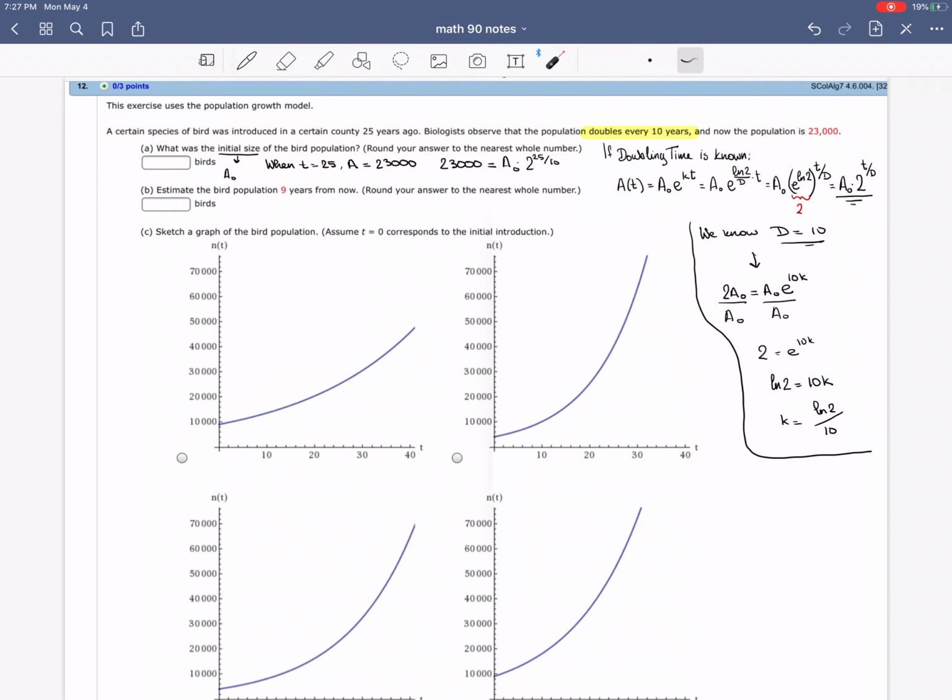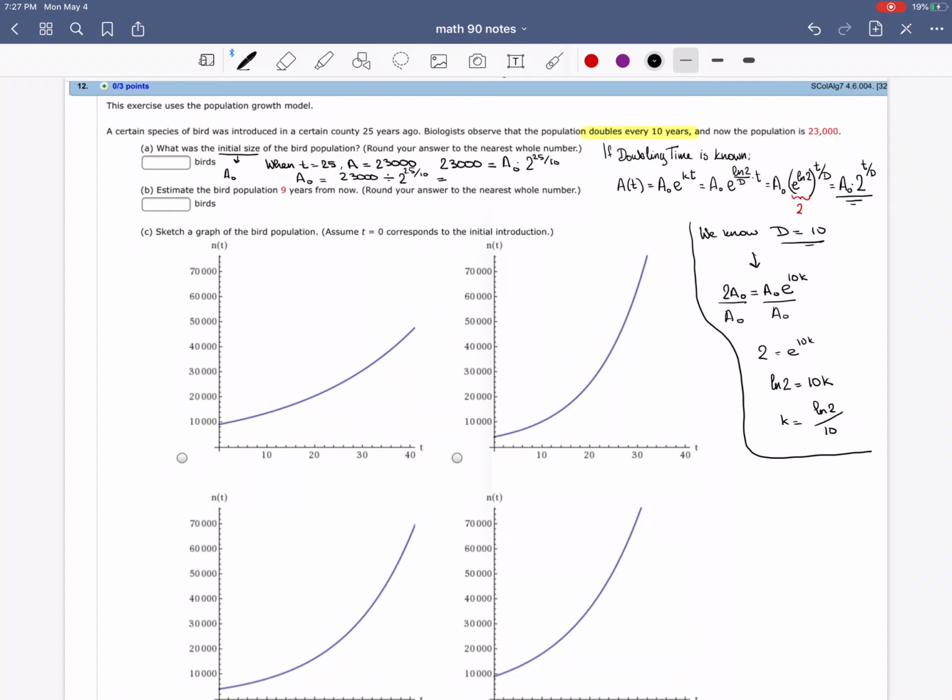So all I need to do, since 2 to the power 25 over 10, that's an actual number, all I need to do to find A0 is I need to take 23,000 and I need to divide that by 2 to the power 25 over 10 or 2.5, whatever.